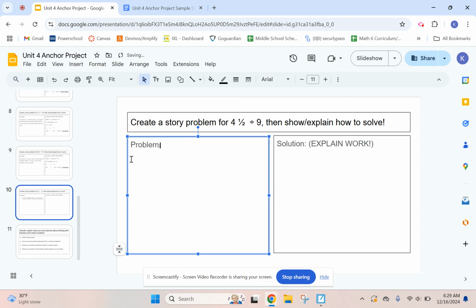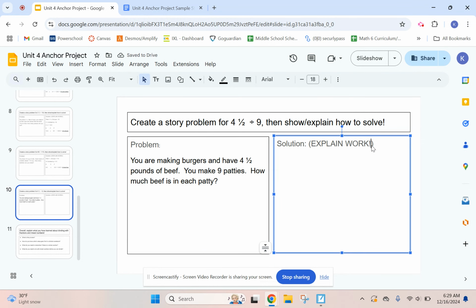All right, you are making burgers and, as we can see in our division sentence, you have 4.5 pounds of beef, and you want to make 9 patties. How much beef is in each patty?